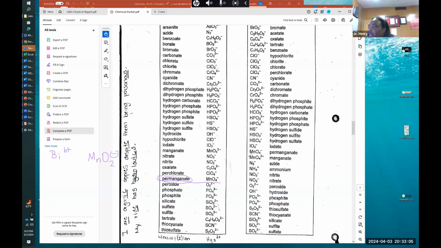Now, manganate is MnO4 2 minus. So this here is kind of like our starting point, right? So if I have MnO3 minus, we would call that one per, which again is so weird, permanganate.